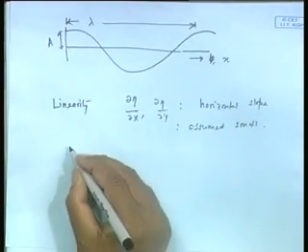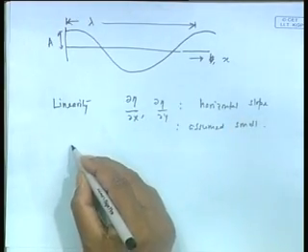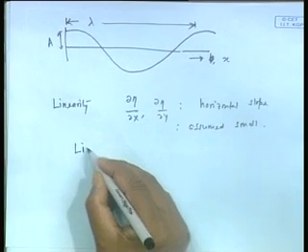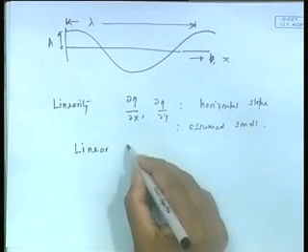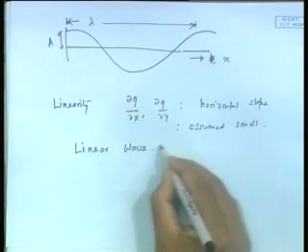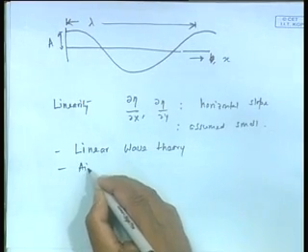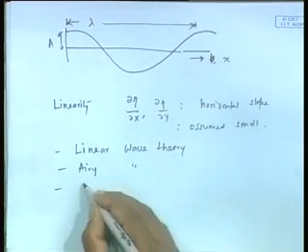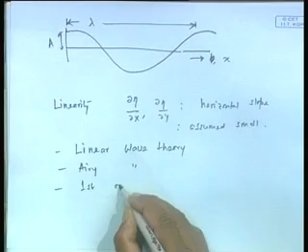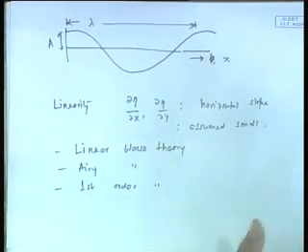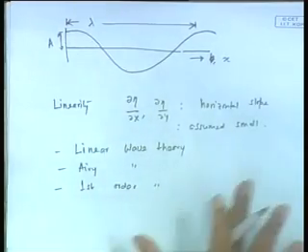There are a number of terms: we can call it linear wave theory, you can call it Airy wave theory, you can call it first order wave theory, or whatever. All these are basically synonymous.